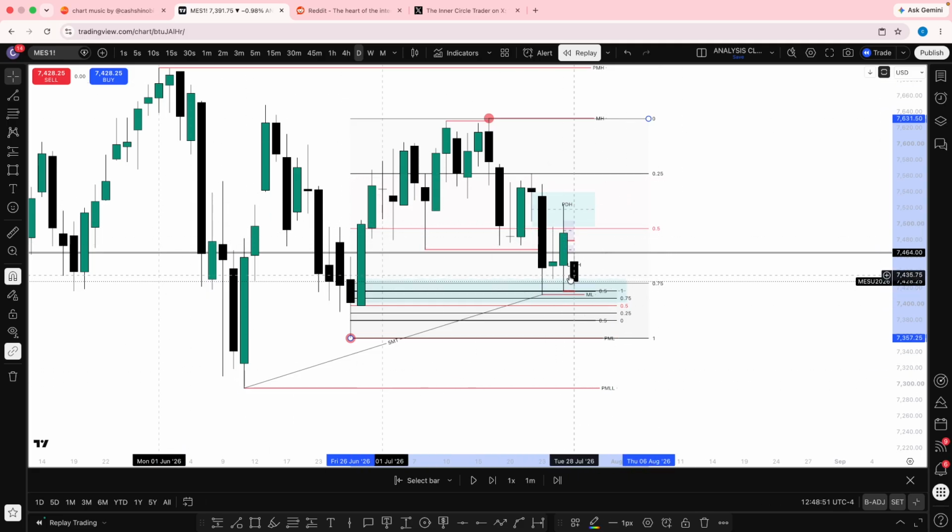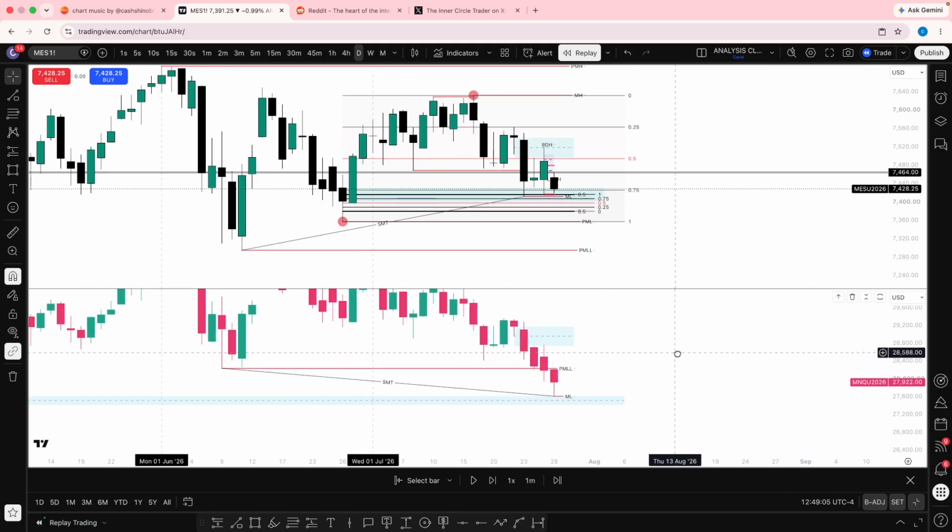Other confluences for why I was anticipating a reversal to form here was the fact that we had SMT with MNQ. If I double click this, you'll see the MNQ chart, and you can see here June 26, which is the low of the previous month, because we're in August now.